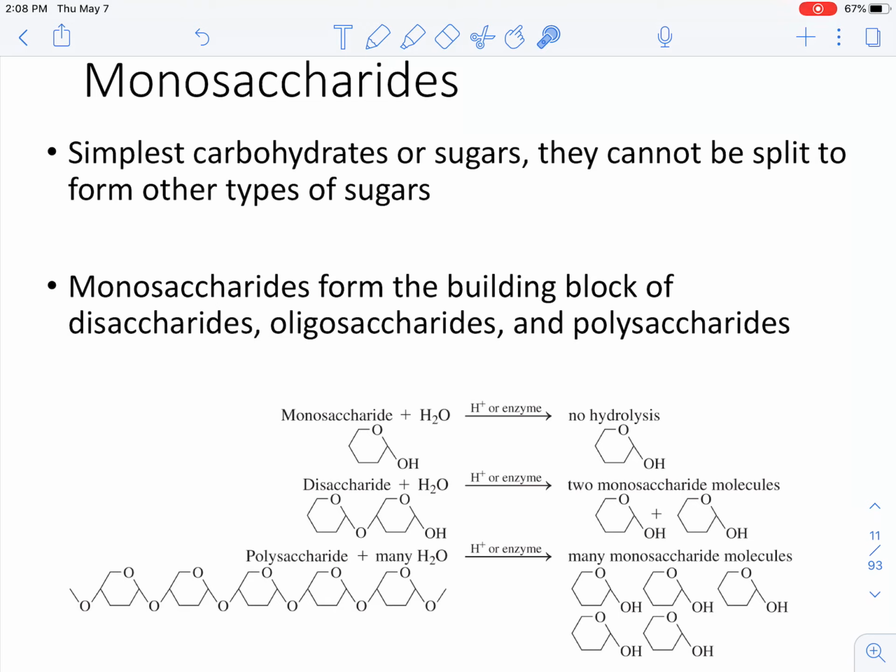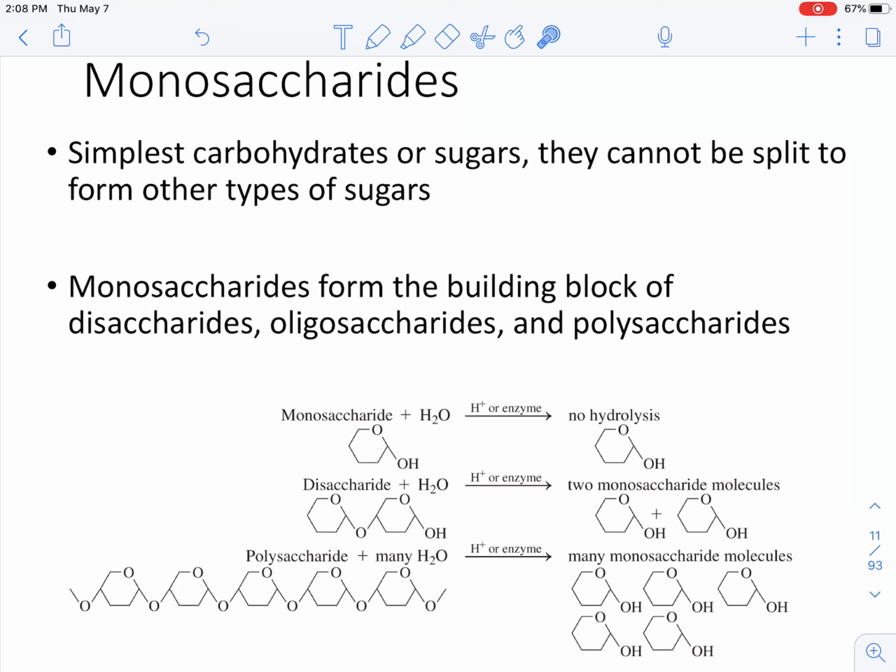And so monosaccharides are going to be our simplest carbohydrates in general. They cannot be split into other forms of sugars. If you have a monosaccharide and you treat it with acid or an enzyme, there's really no degradation of that molecule.